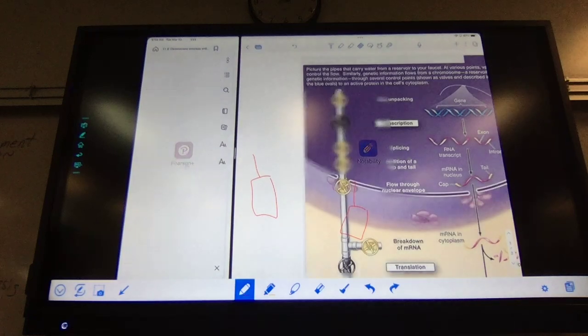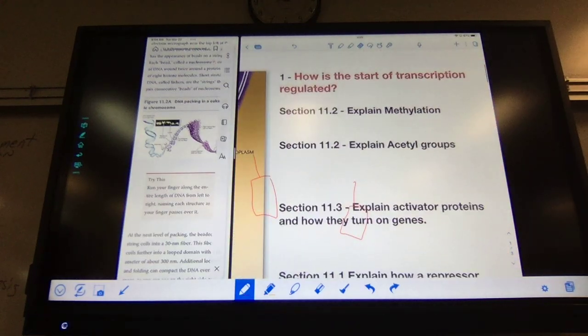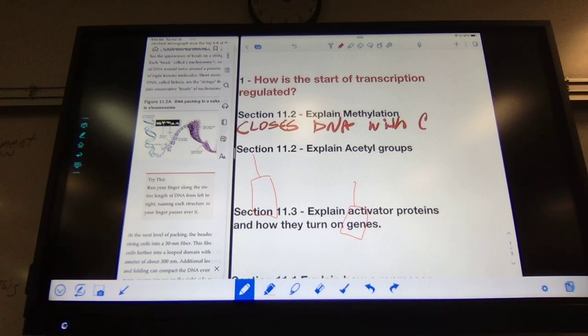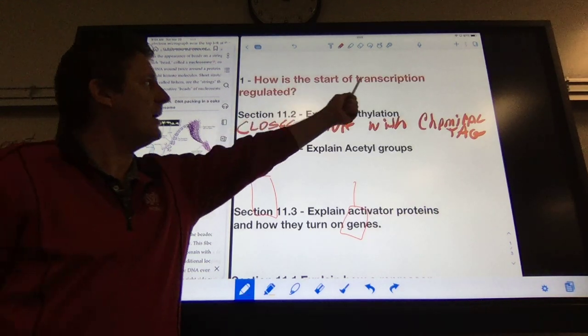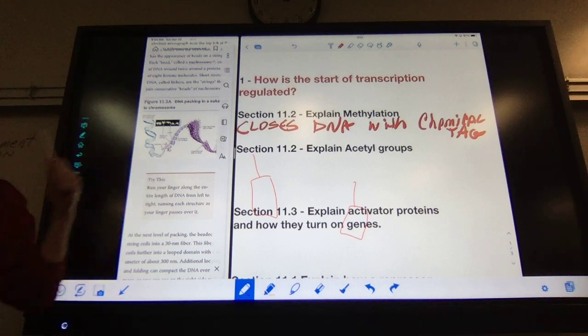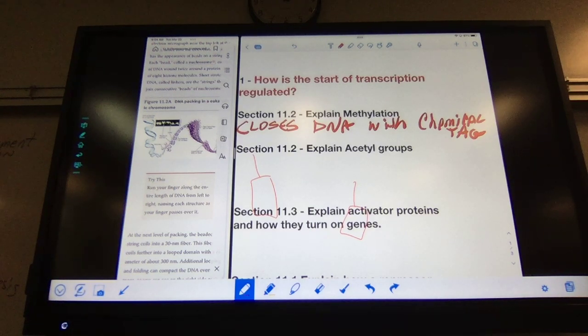So now over here in your notes, you would want to write something like it closes the DNA up with a chemical tag, and it's going to stop transcription because when DNA is closed up, it can't be accessed.